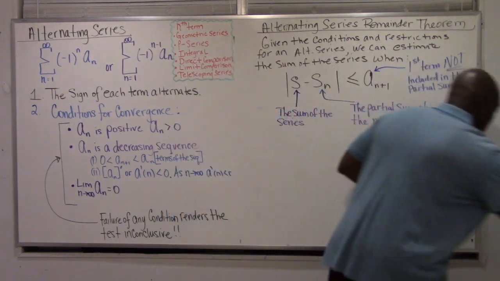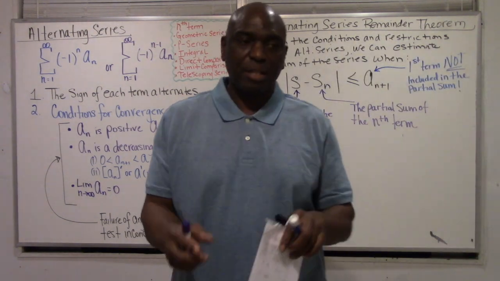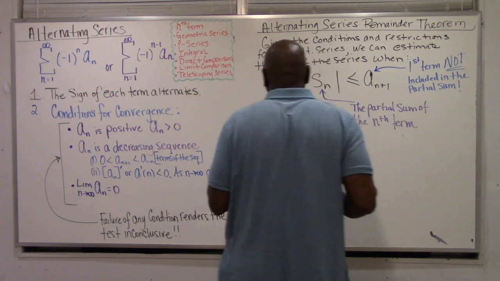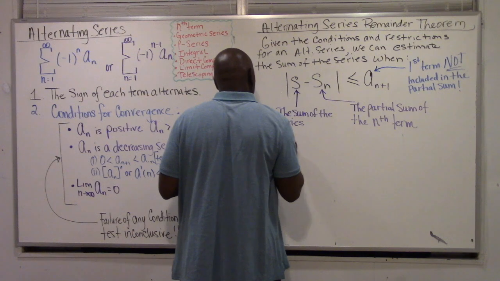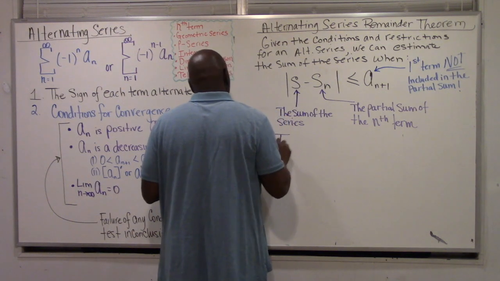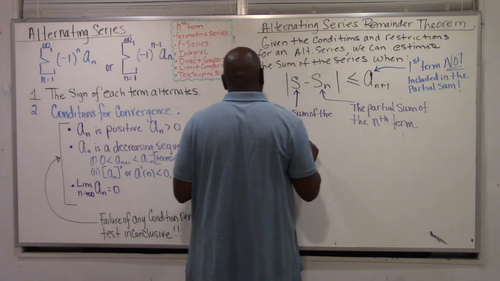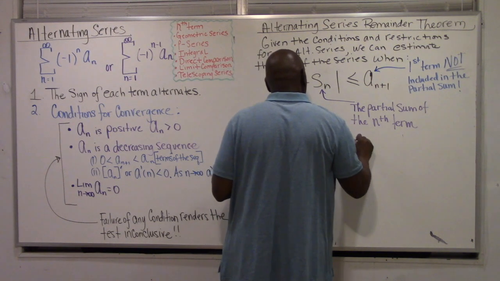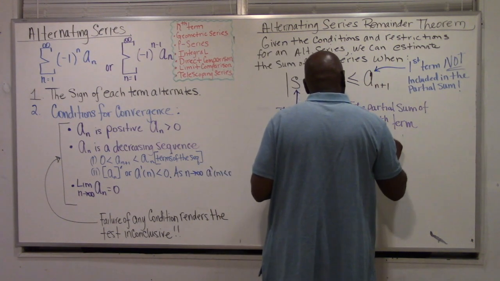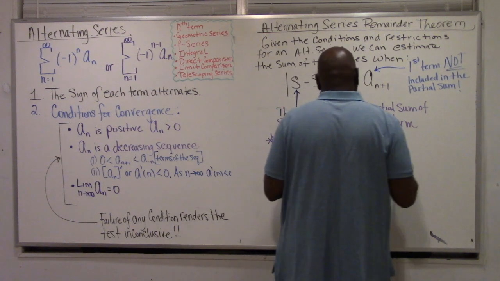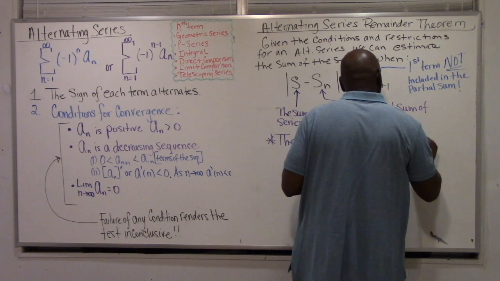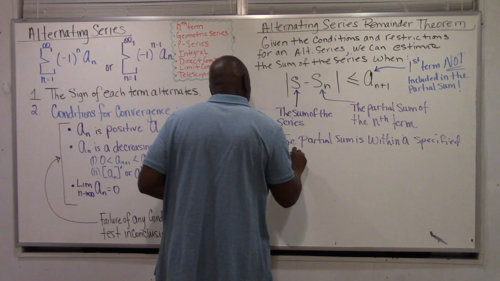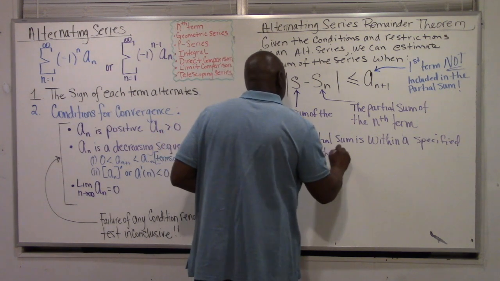Here's what it does. I'll write it up on the board for you. Here's what it gives you in essence: the partial sum is within a specified range of the actual sum.